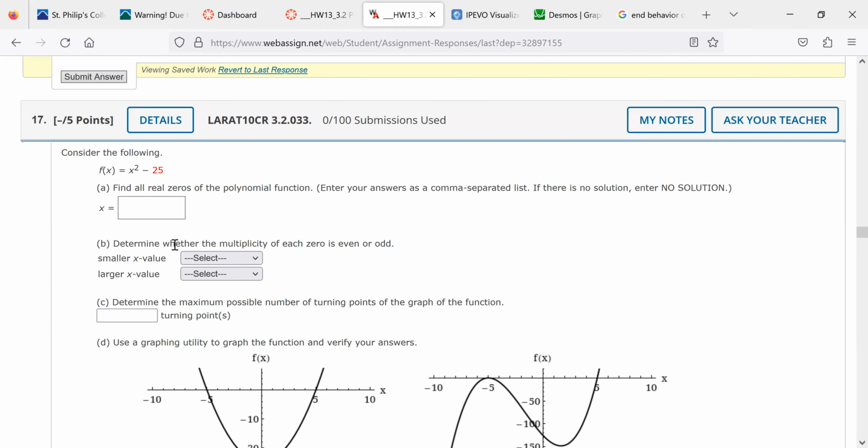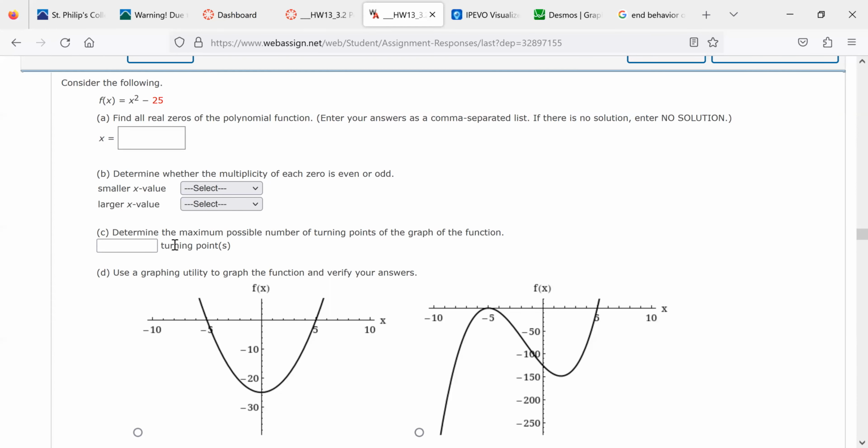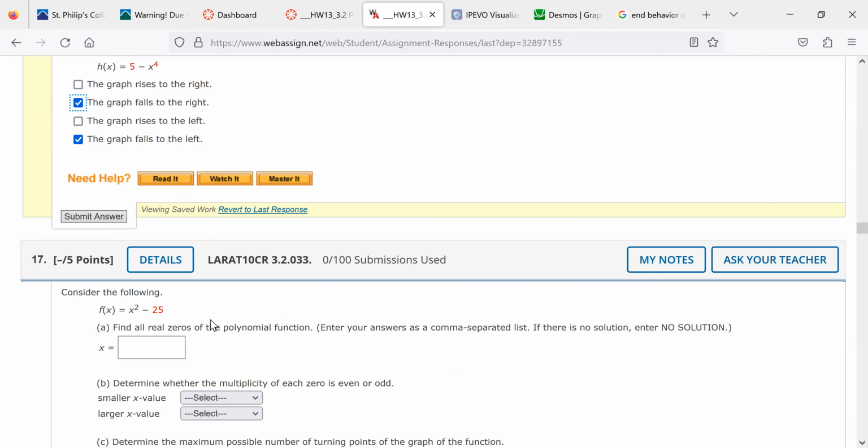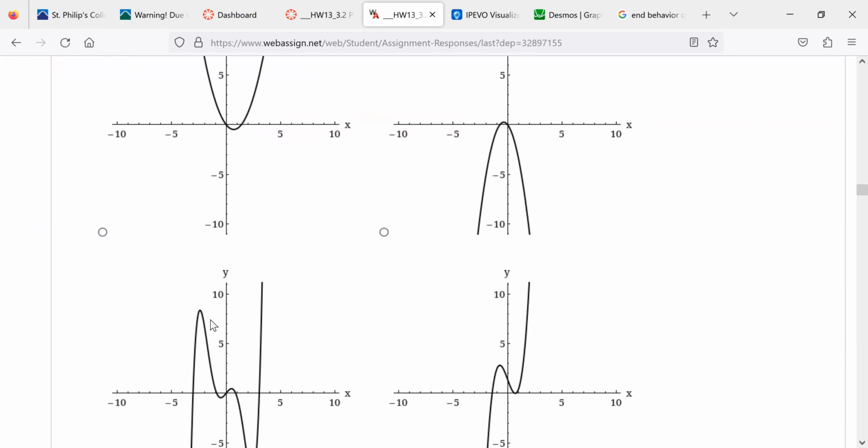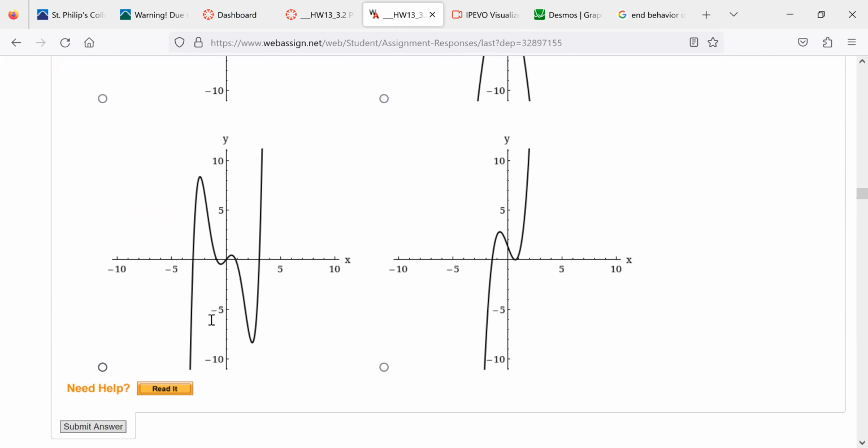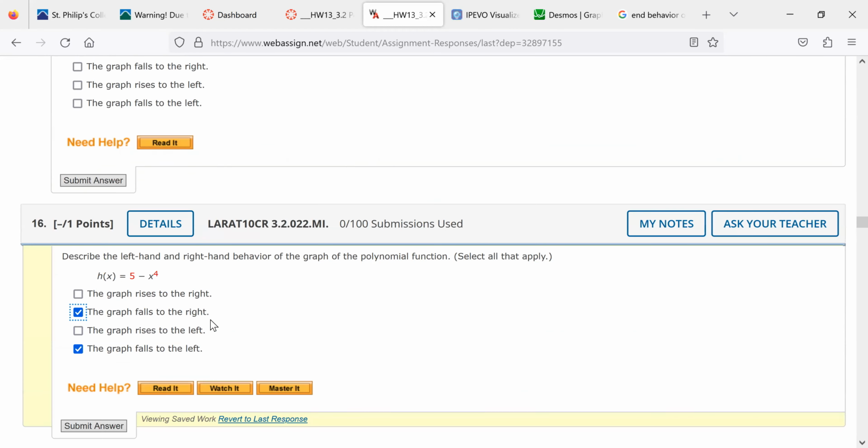Okay, let's move on to something else. You guys are cool on end behavior and the shapes of these types of graphs, different powers.